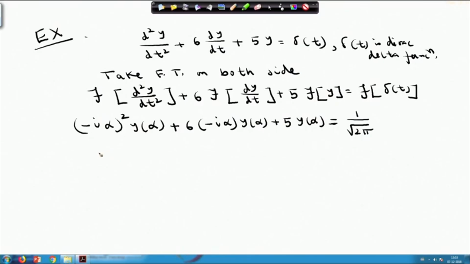Taking the common factor, it will be minus alpha square minus 6 i alpha plus 5, of y of alpha, equals 1 by root 2 pi.